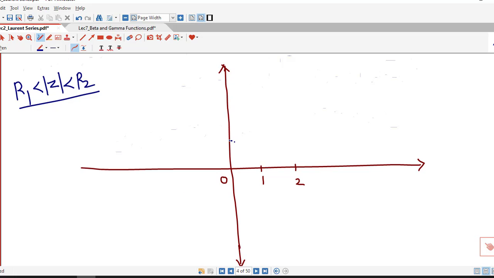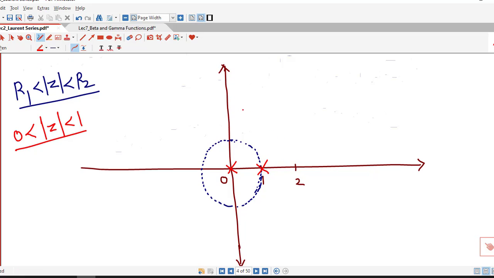If we consider a circle with center 0 and radius 1, the function is not analytic at z equal to 0, which is inside the circle, and not analytic at z equal to 1, which is on the boundary of the circle. If we exclude the boundary and the center z equal to 0, we have the region 0 less than absolute value of z less than 1.